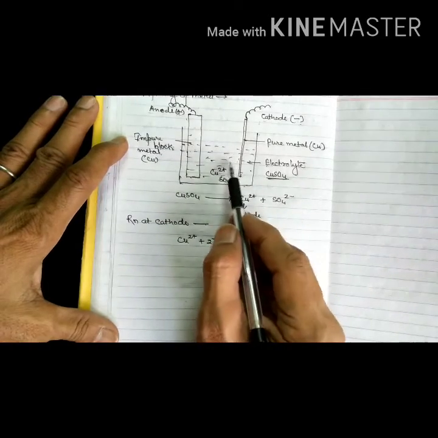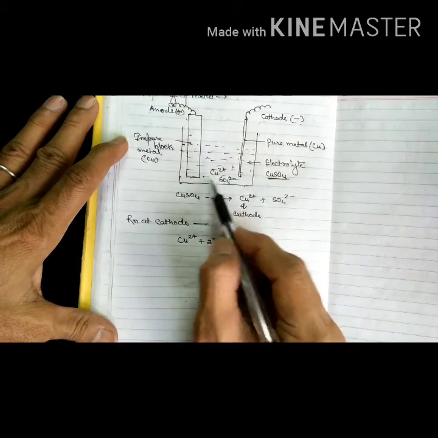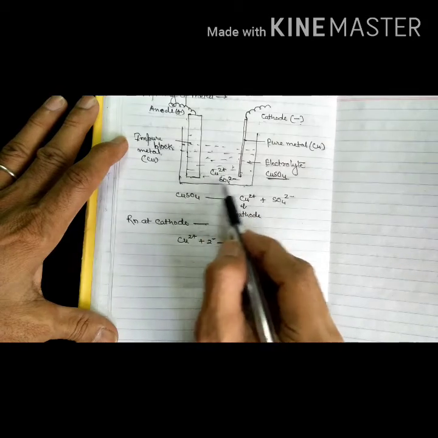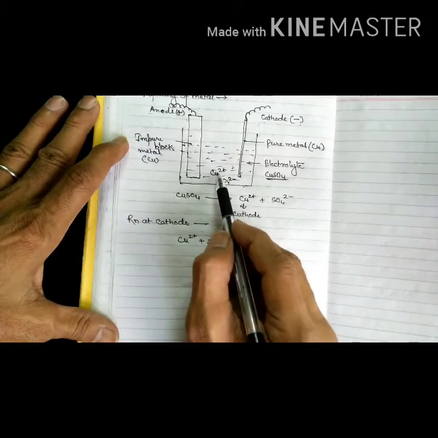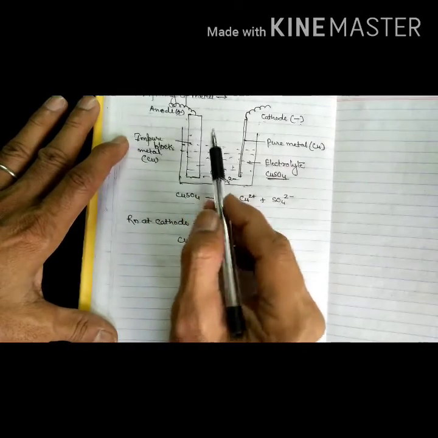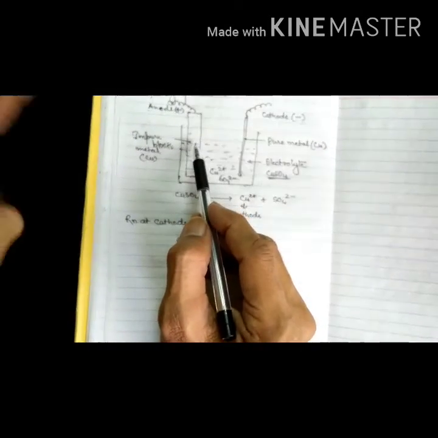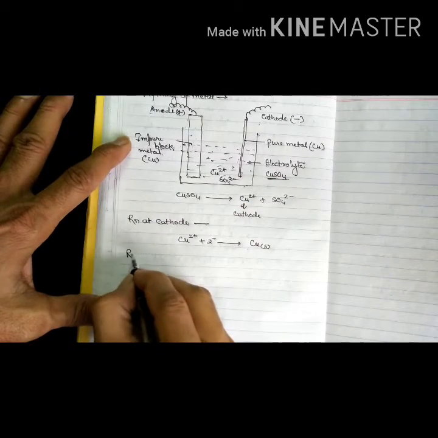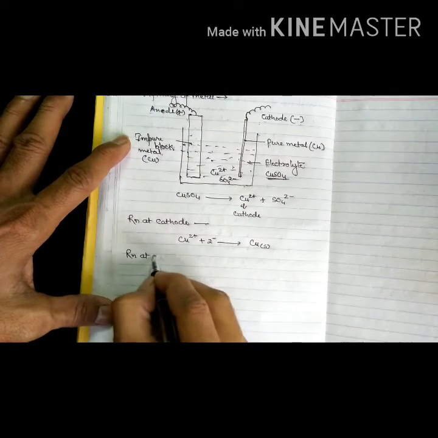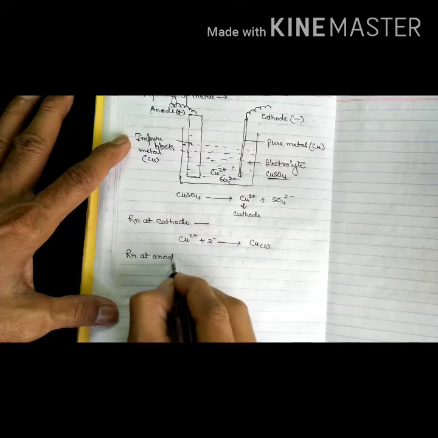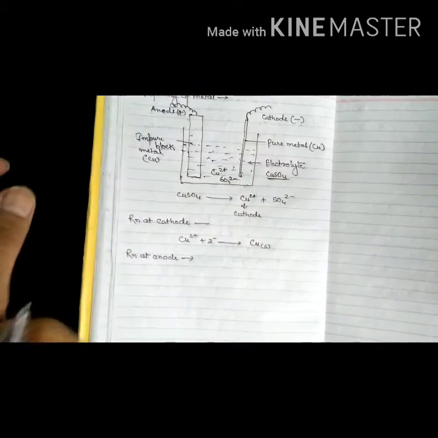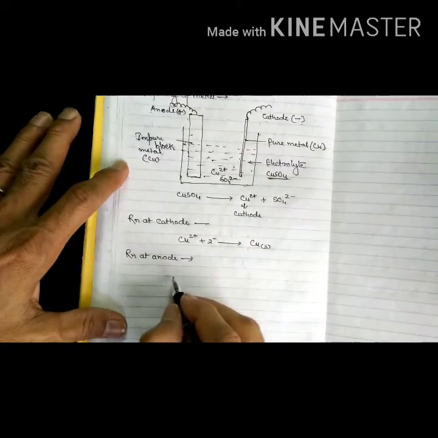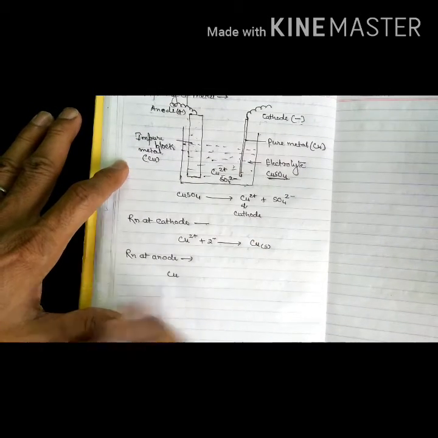Now, there is a deficiency of copper ions in the electrolytic solution. So, what will happen? Another reaction simultaneously takes place at the anode. Reaction at anode: the metal block is neutral, that is Cu.